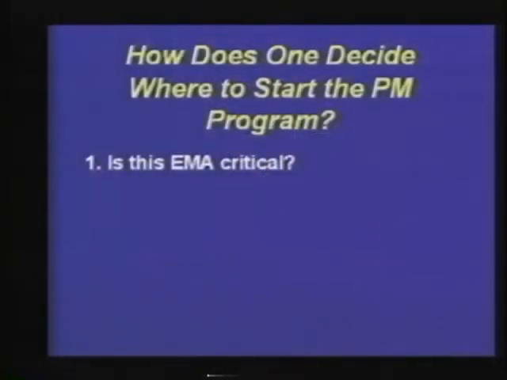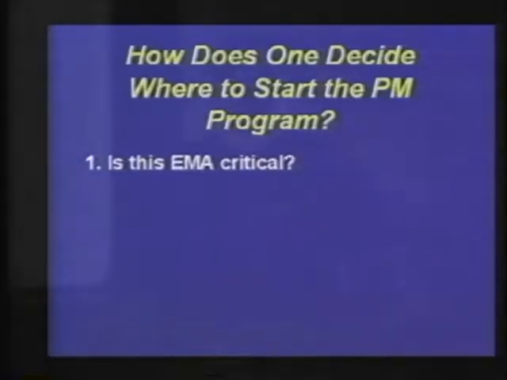The first question is EMA critical? Now, EMA is an acronym for equipment, machine, and or asset. On a future page, we will address the equipment, machine, and asset nomenclature.